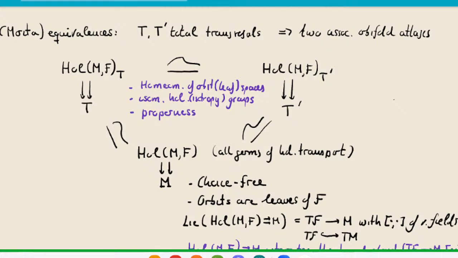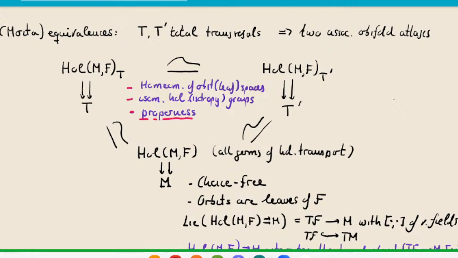So first of all, it says that these groupoids have orbit spaces which are homeomorphic. It also says that for leaves which are under this bijective correspondence, the corresponding isotropy groups, in this case holonomy groups, are isomorphic. And also, and this is crucial, properties such as the properness of a Lie groupoid are invariant under Morita equivalence.